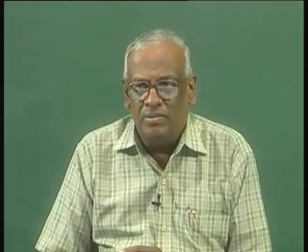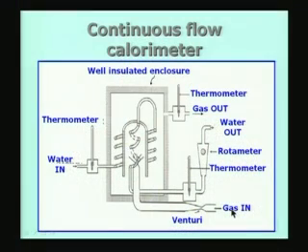Okay. So, in this case let us see what is going to happen. The gas and the oxygen mixture comes in, gets completely burnt, and it is cooled to as low a temperature, as close to the room temperature as possible.